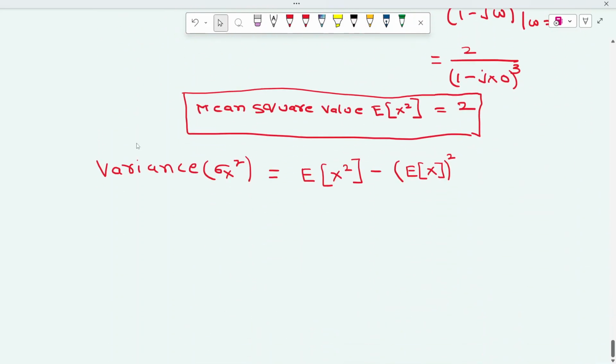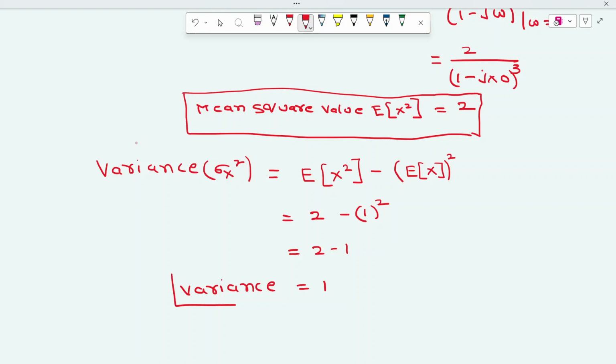Now we will substitute both the values. So 2 minus (expectation of x, which is 1) whole square. So 2 minus 1 is 1. So the variance is 1.